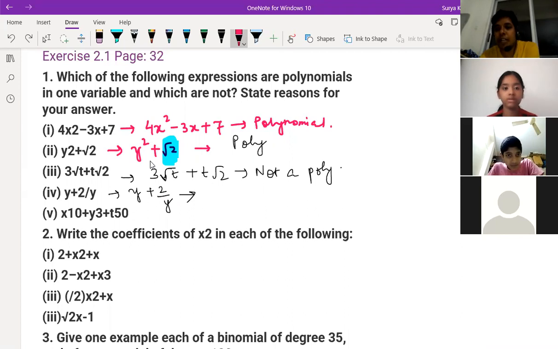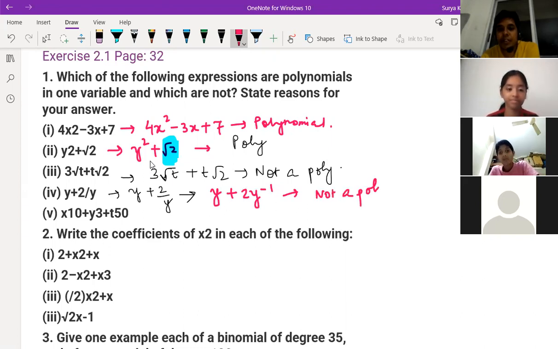It's not in a fraction now. Is it clear why it is not a polynomial? Yeah, sir, got it, sir. Satvik, you understood? Yes, sir.